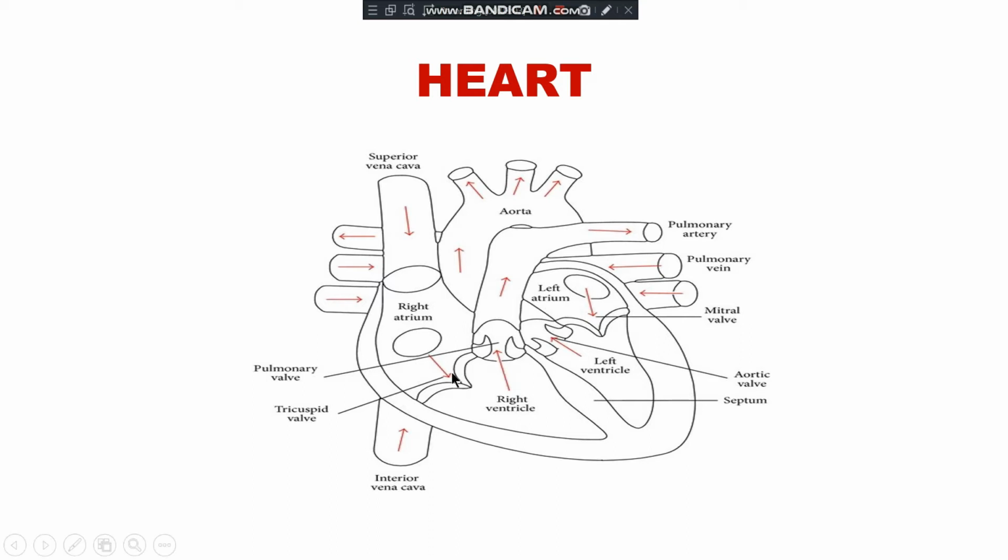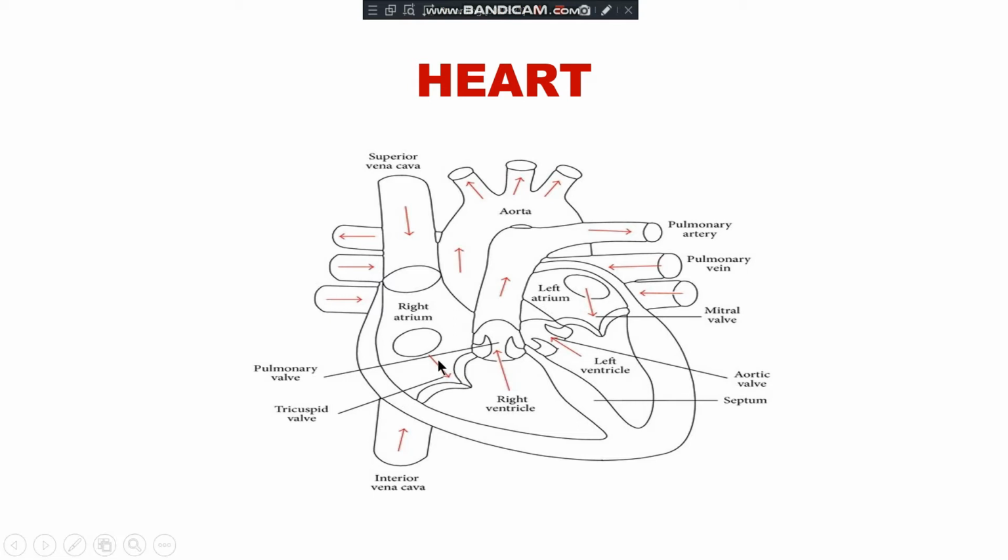Now, what is present between the right atrium and ventricle, or left atrium and ventricle? Valves are present. The valves are present between the atrium and ventricle. You can see here the tricuspid valve. So the bicuspid valve and tricuspid valve are present between atrium and ventricle. What is the function of this valve? What is the necessity?